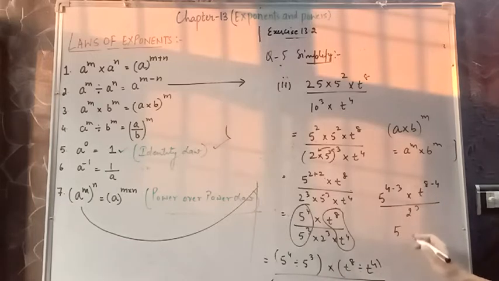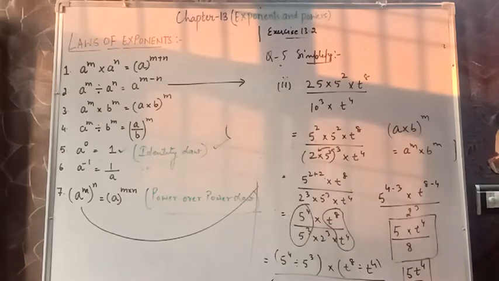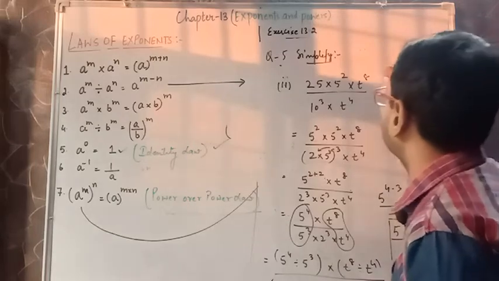I can write 5 into 2 raised to power 4, and 2 raised to power 3 means 8. This is what the answer is: 5 into 2 raised to power 4 upon 8, or I can write 5 times 2 to the 4 upon 8. This is the final answer, because multiplication, this also means multiplication. Are we clear? Any doubt anyone is having in this question?